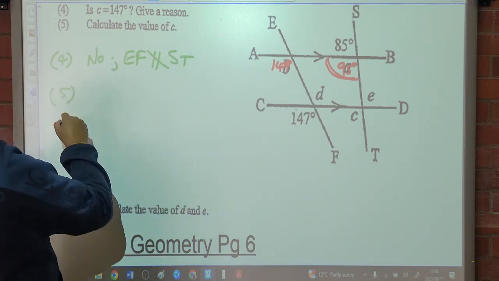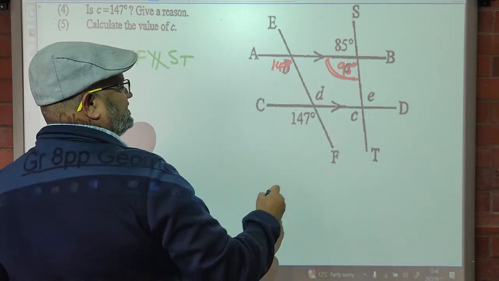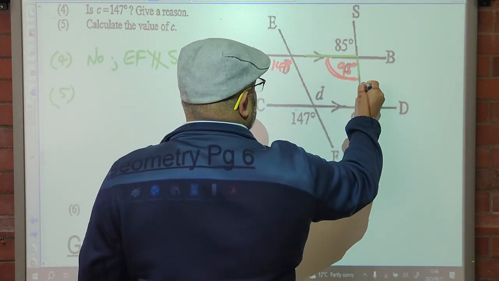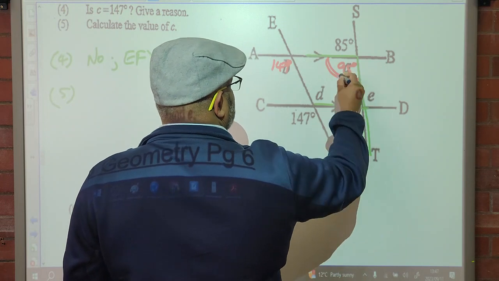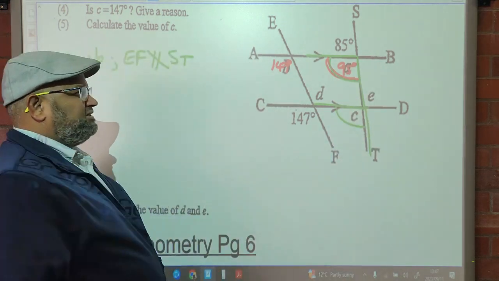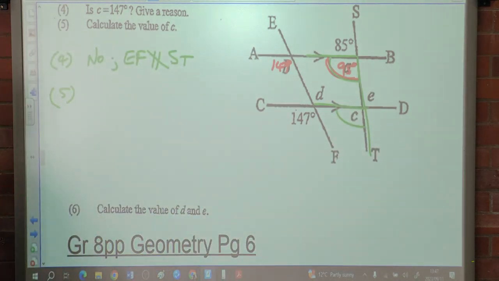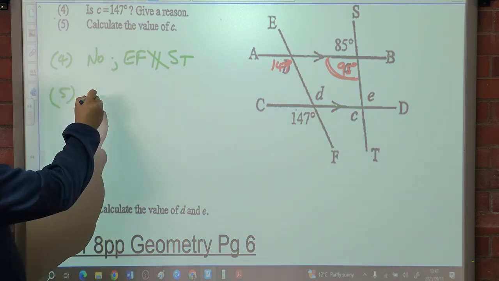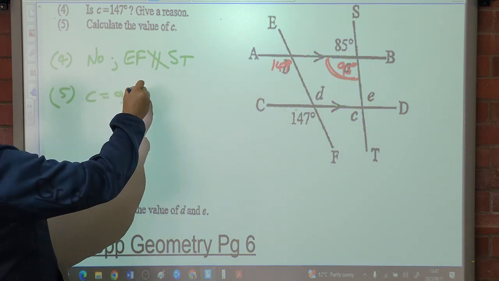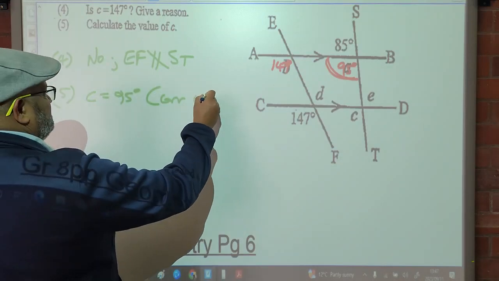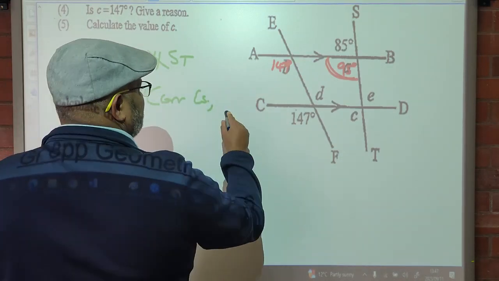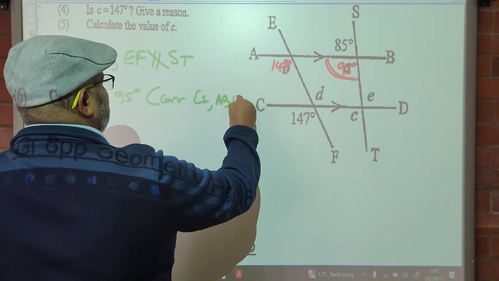Number 5. Calculate C. But what is C? C is 95 degrees. Why? Corresponding angle. You see that, people? So C is equal to 95 degrees. The answer is it's corresponding angles, with AB being parallel to CD.